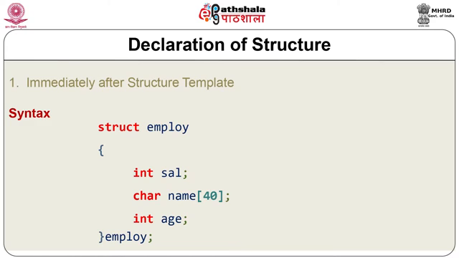Under the body of the structure, we are declaring different fields or members like salary, name, age. Salary is an integer, name is a character, and age is an integer. So this is the syntax used for declaring immediately after the structure template.